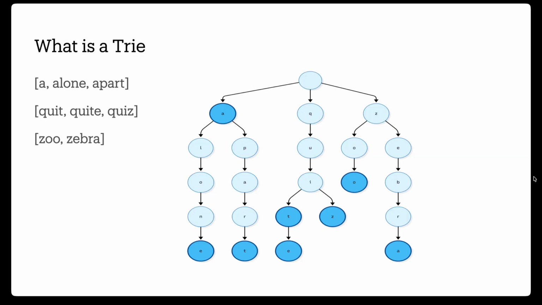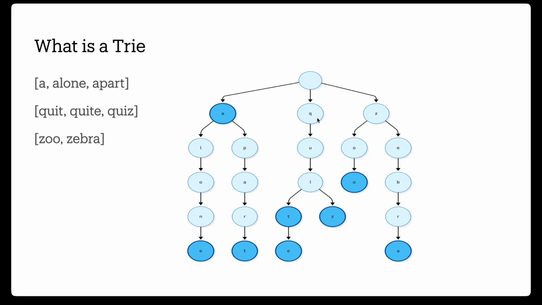So let's look at a trie. I want you to look at the middle branch starting with the letter Q. Notice for all three words, we walk the same path. Q, U, I, T for quit, E for quiet, and Z for quiz.